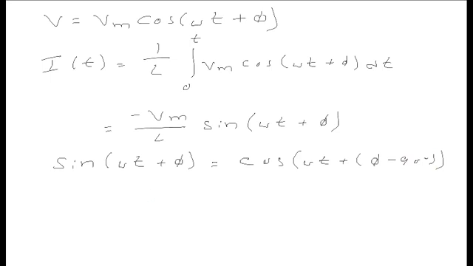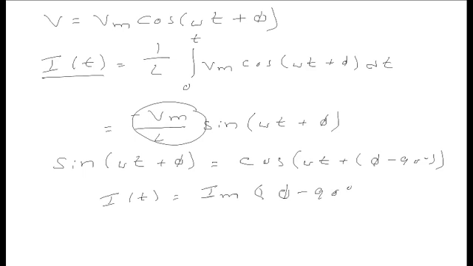Which means that my current waveform is given as I of t equals Im, the magnitude, which is here, with the angle phi minus 90 degrees.